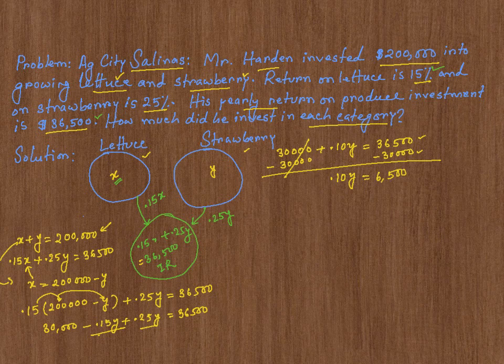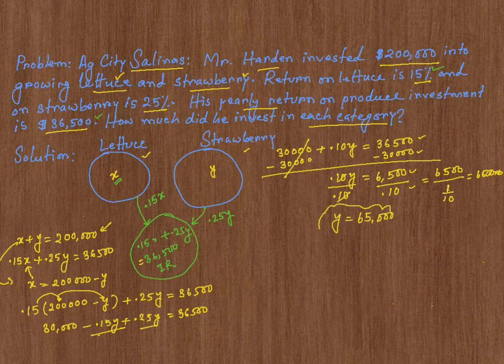Now to solve for Y, I divide both sides by 0.10. That gives me Y on the left-hand side, because this and this cancel out, equal to this number divided by 0.10, or I could simplify it further. 6,500 divided by 0.10: 10% is 1 over 10, so it's going to be 6,500 times 10, which is 65,000.